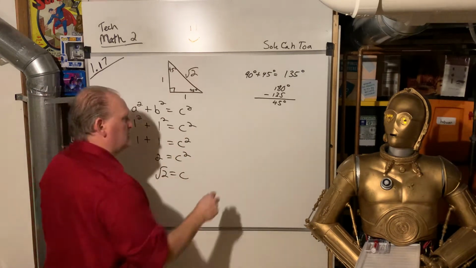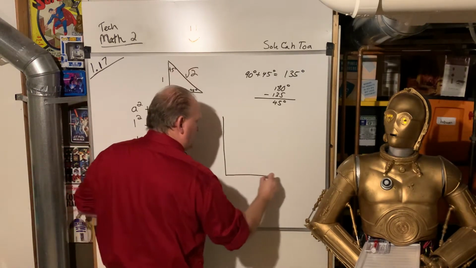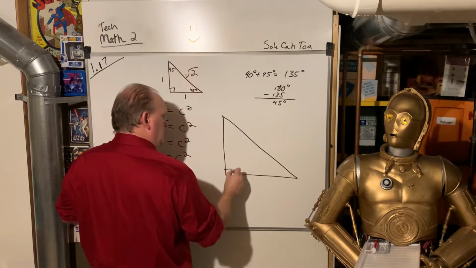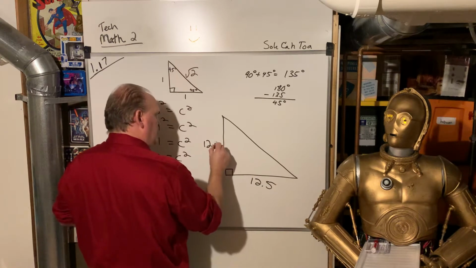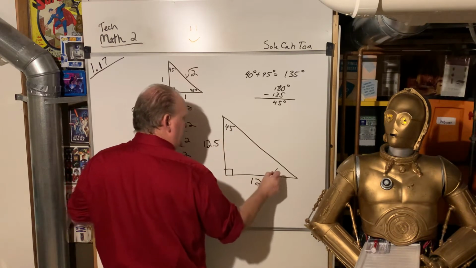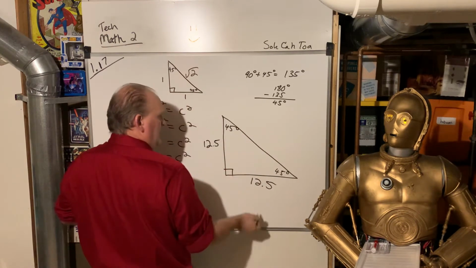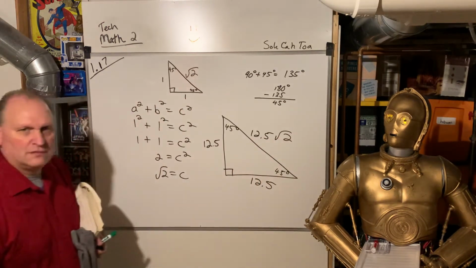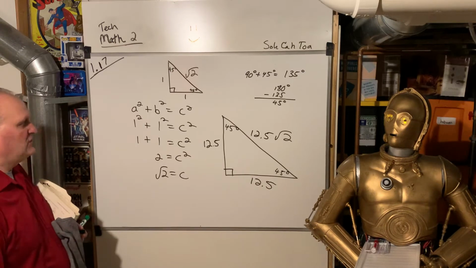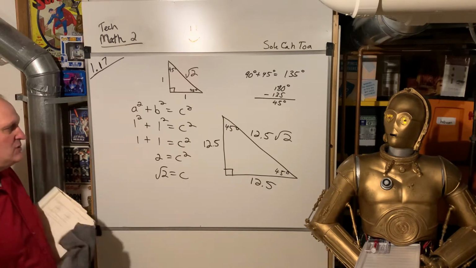All right? So even if I had a bigger right triangle, way bigger, and we'll say this was 12.5 and 12.5, because it's 45, 45, 90, then I know this would be 12.5 square roots of 2. All right? So those ratios always work.